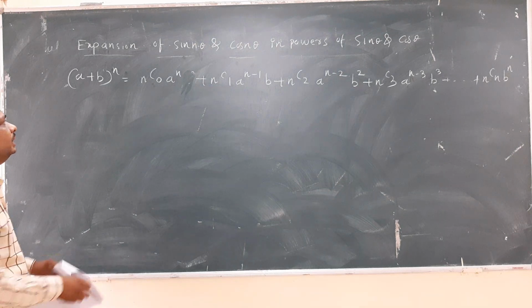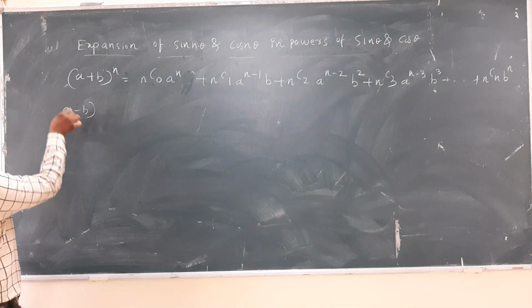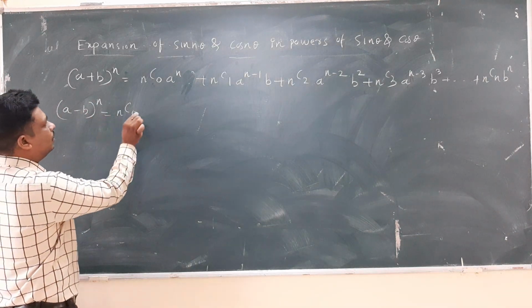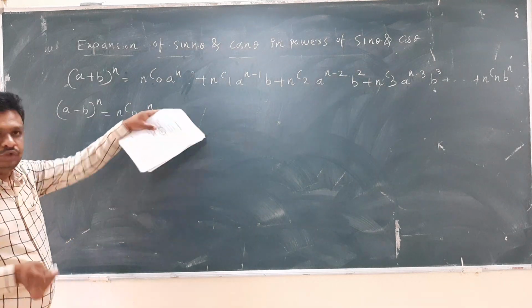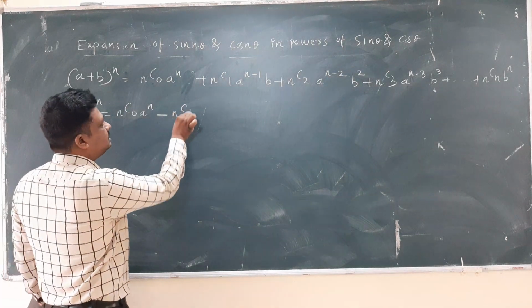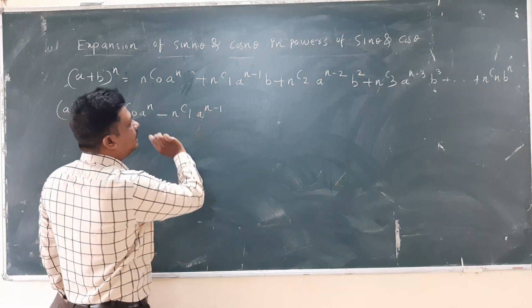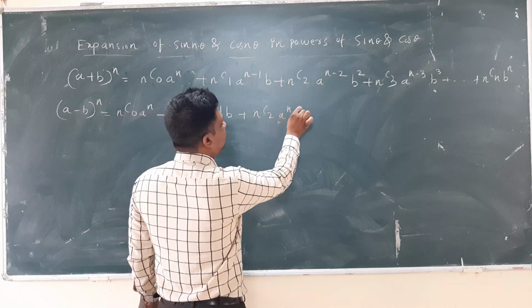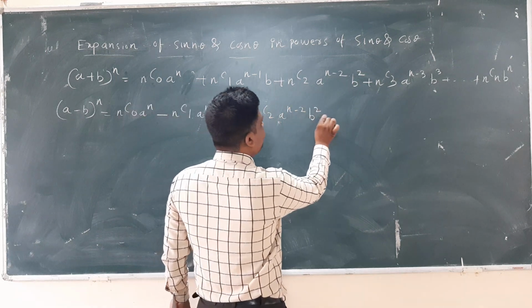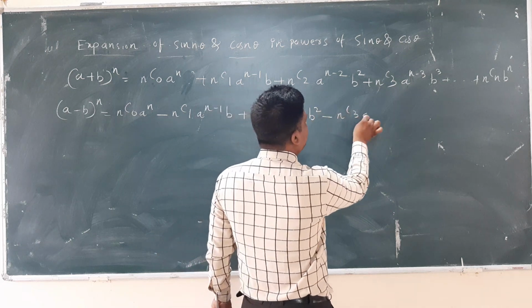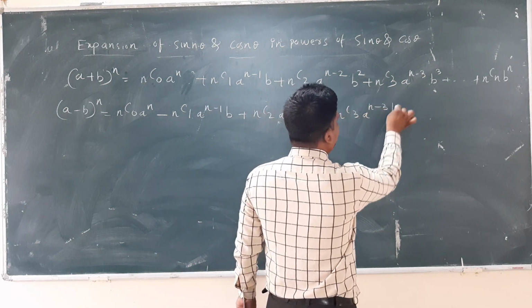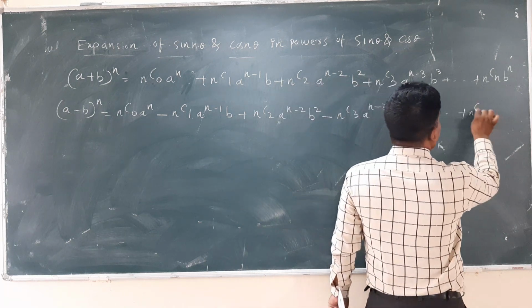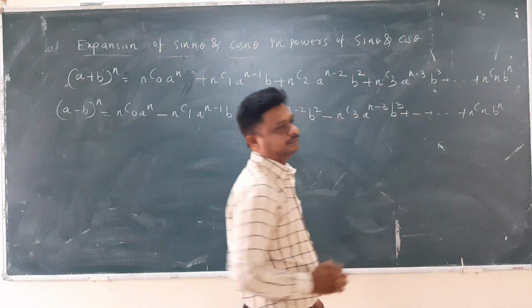Is it clear? If there is a negative sign between a and b, then the expansion is like this: nC0 a to power n b raised to 0, minus nC1 a to power n minus 1 b, plus nC2 a raised to n minus 2 b square, minus nC3 a raised to n minus 3 b cube, plus, minus, plus, and so on up to nCn b raised to n.